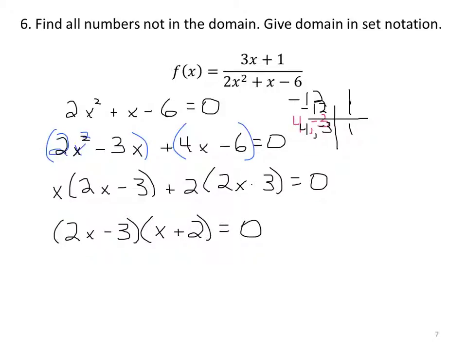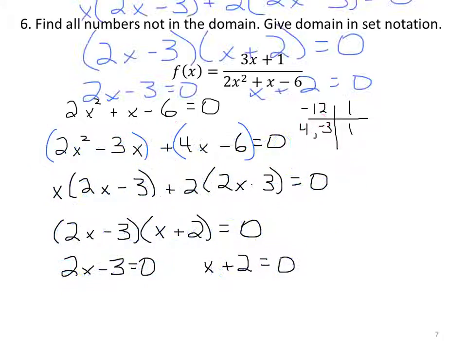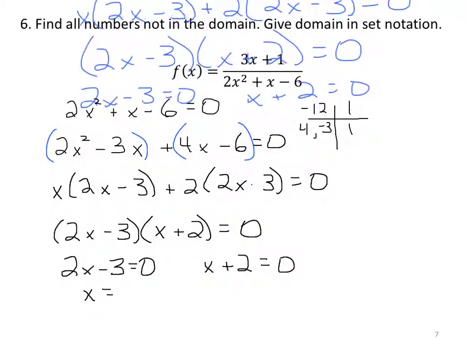And this is the form I want, because I have two things multiplied together to equal 0, which means if one of those things equals 0, the whole thing's going to equal 0, so we can use the zero factor property to say that the denominator will equal 0 if 2x minus 3 equals 0, also if x plus 2 equals 0. So then we solve for x, and we get x equals 3 halves, or x equals negative 2.